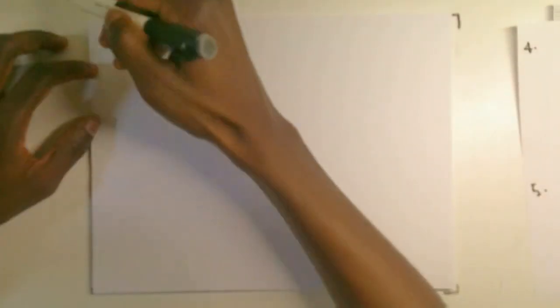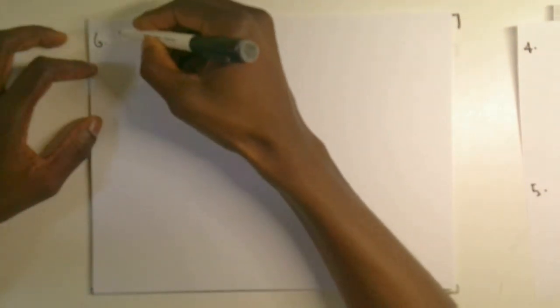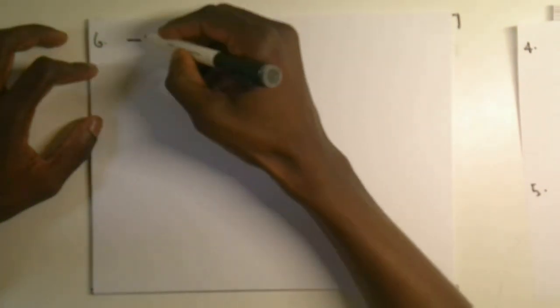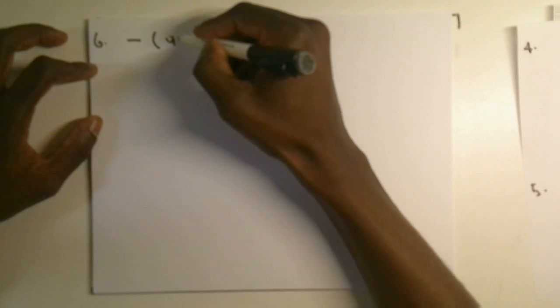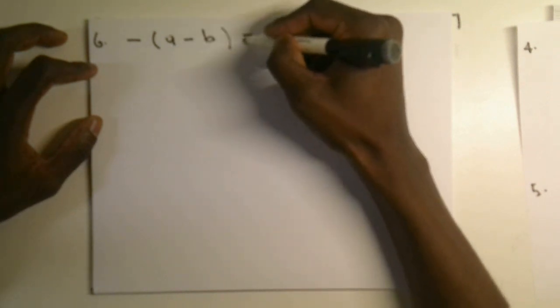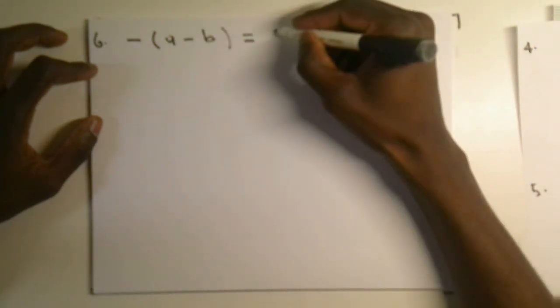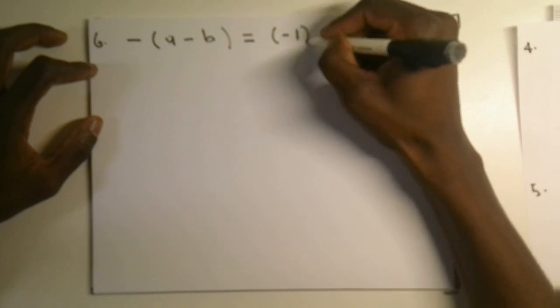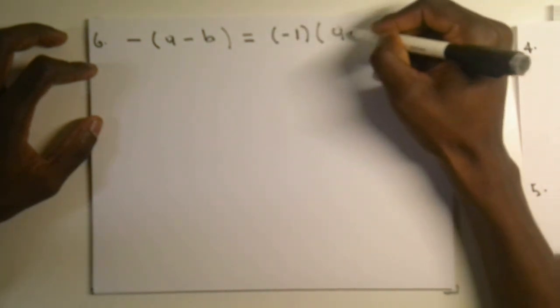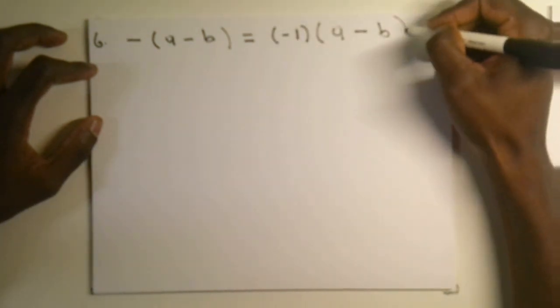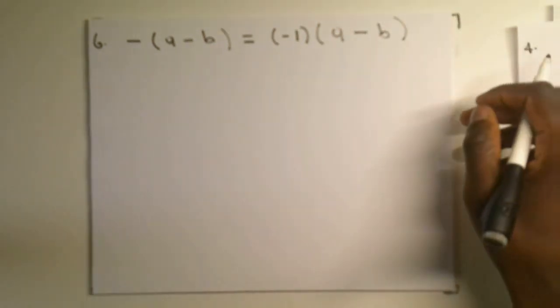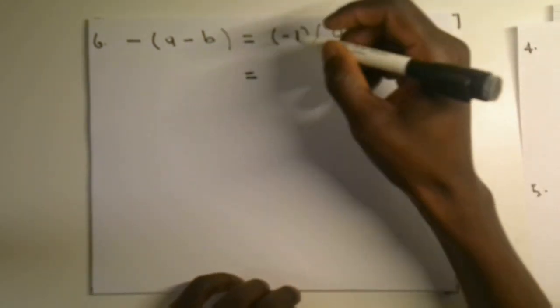Okay, number 6, which is our final expression, is that we'll do negative of A minus B. And then we recontextualize this as negative 1 times (A minus B). Okay? And then we distribute.